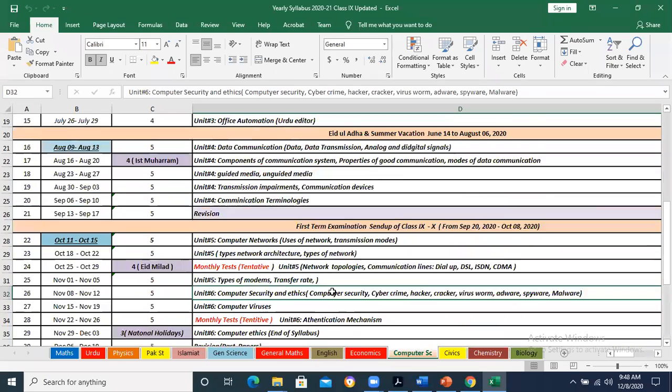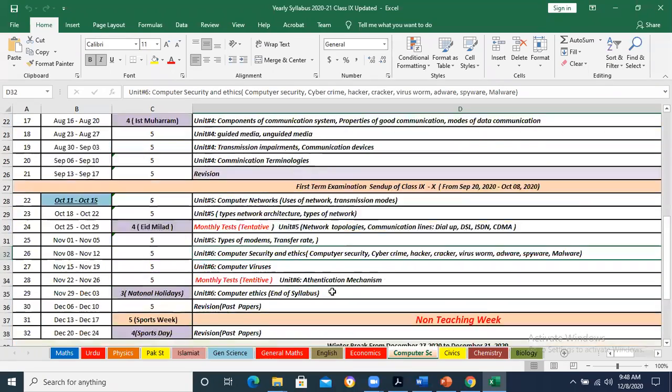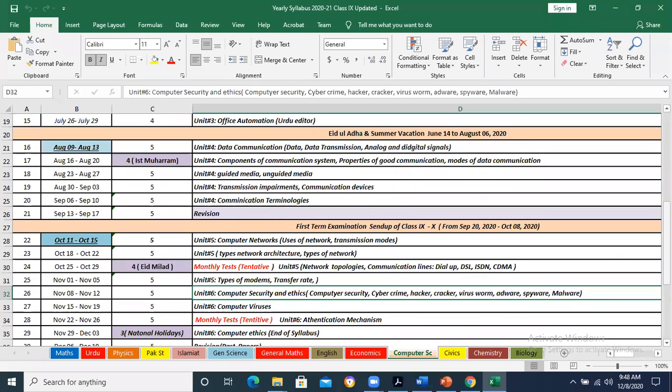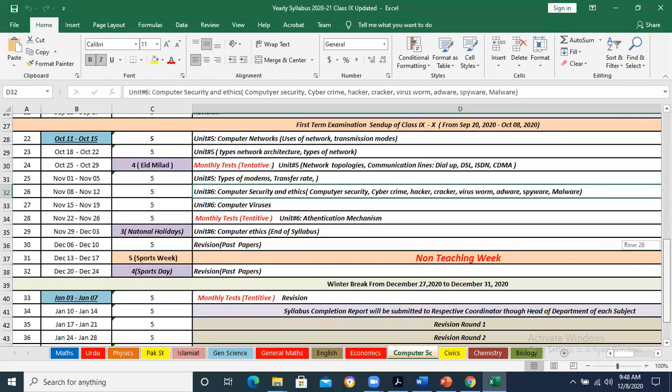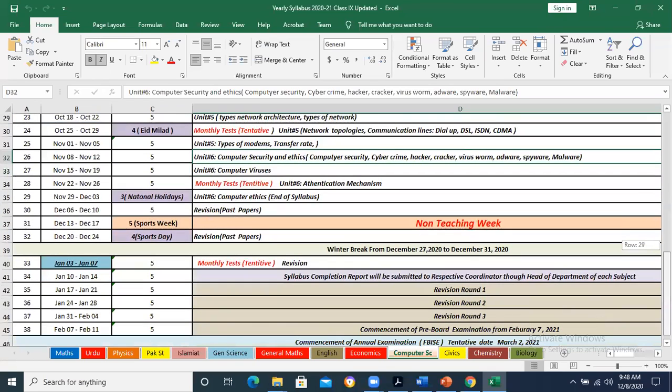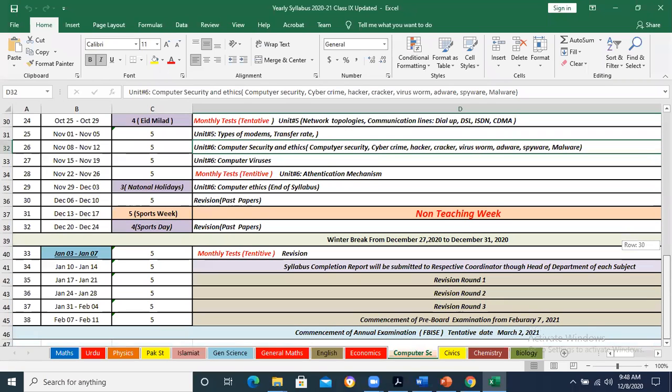The second last chapter, basically the last chapter that we are doing here, is on viruses and antiviruses, so almost it will be accomplished in December, and we will start some other work, especially related to the practicals as well, because we have to accomplish the practical work too.